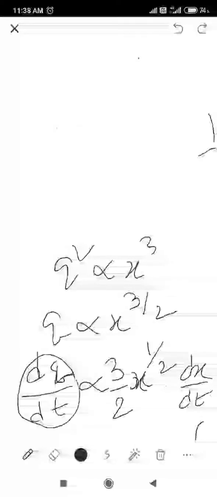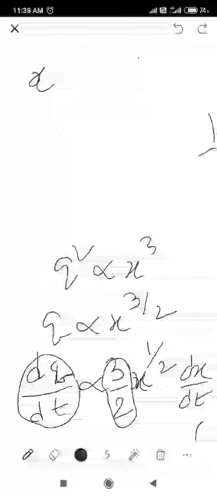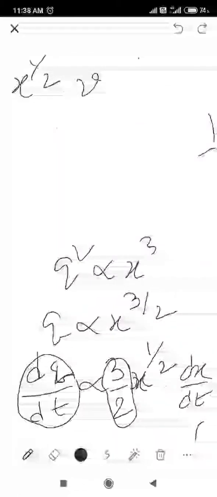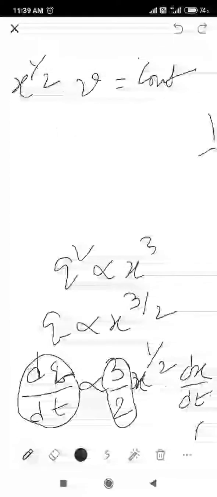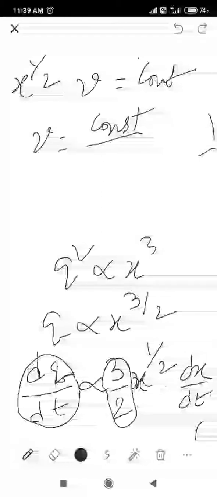This is constant and 3 by 2 is also constant. So we can write x power 1 by 2 into dx by dt. Dx by dt is nothing but velocity, that is equal to constant. Therefore we can write v is equal to some constant divided by x power 1 by 2.